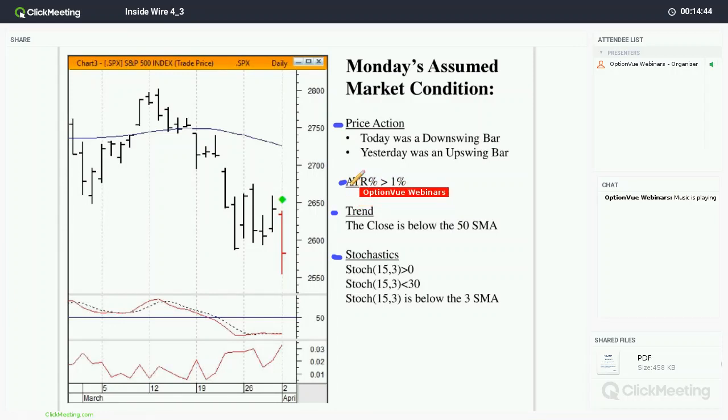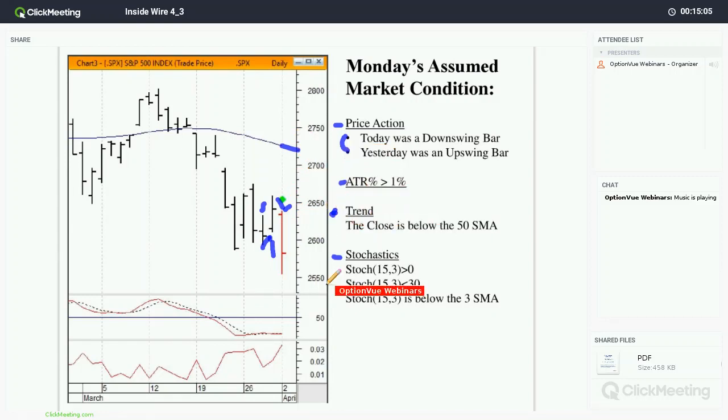In this case, we can see that we have an upswing bar followed by a downswing bar. That's price action, an upswing being higher high, higher low, and then a lower low, lower high, a downswing. That occurred while we are below the 50-day simple moving average.